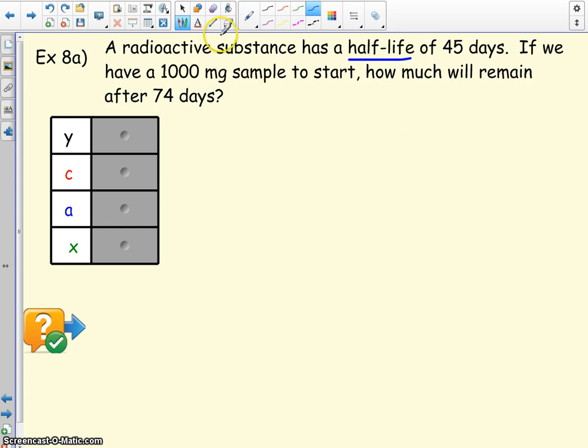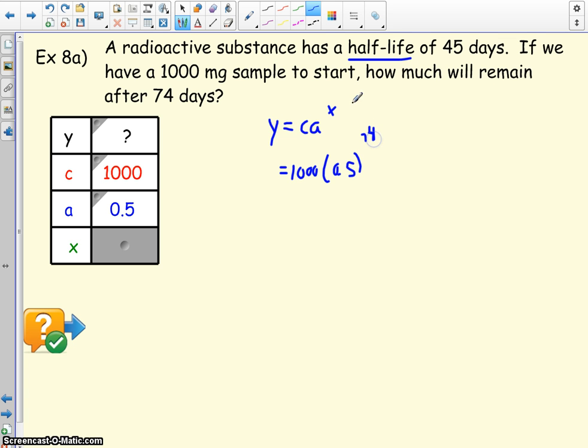So if it's halving every 45 days, the base of our power will be 0.5. We're starting with 1,000 milligrams. That will be our C. We want to know how much is left, so that's going to be our Y. But it's going to be after 74 days. So we can't put in 74 as our exponent, because if we put in 0.5 to the exponent of 74, we're saying it's halving 74 times.